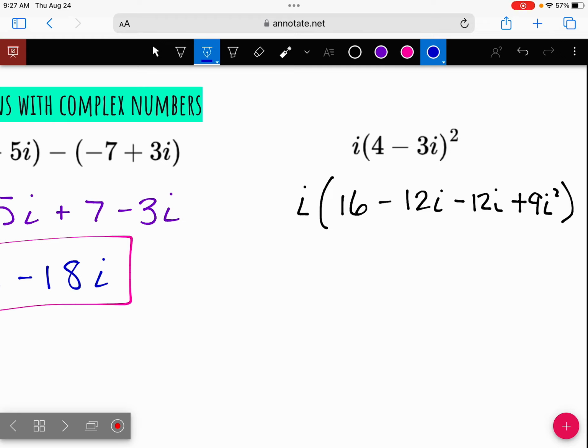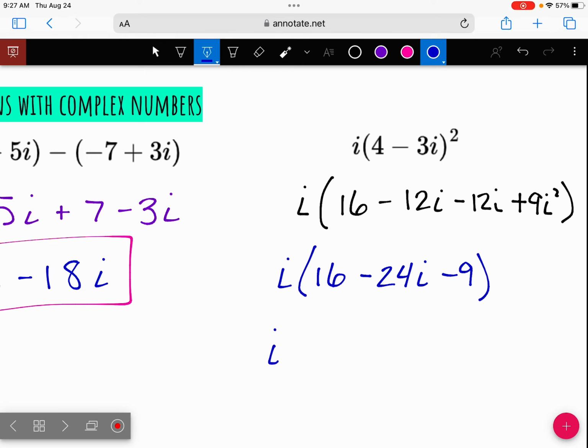So I'm going to simplify inside before I start multiplying i through. But you could just distribute the i through here and go from there. I like to deal with as few i's as possible. 16 minus 24i minus 9, because that's 9 times i squared, and i squared equals -1.